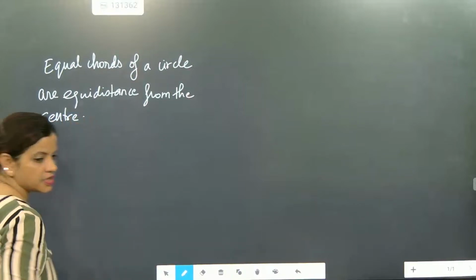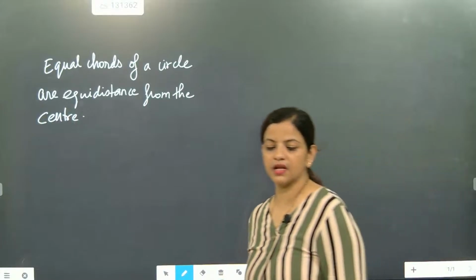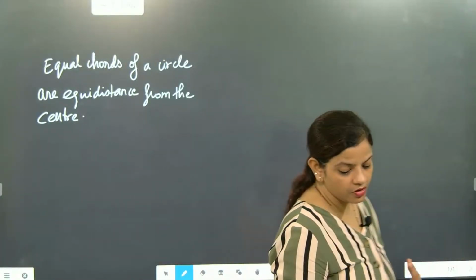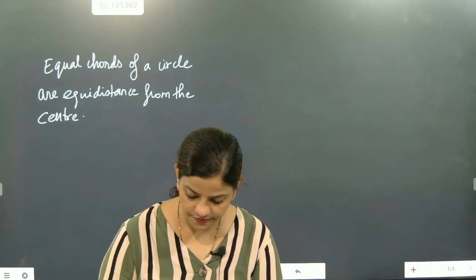Equal chords of a circle are equidistant from the center. This is another proof.